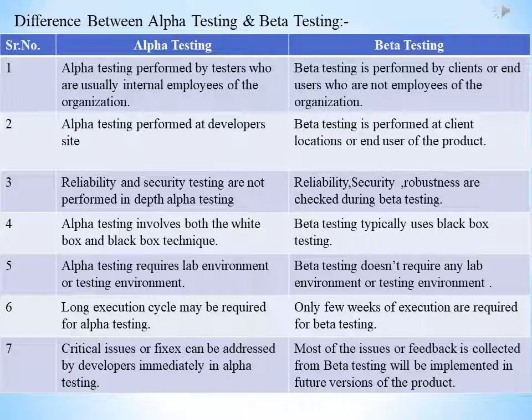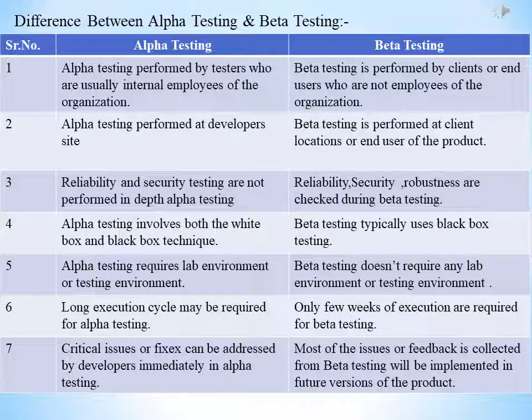the product. Number third, reliability and security testings are performed in depth in alpha testing. In the beta testing, reliability, security, robustness are checked. Number 4, alpha testing involves both the white and black box testing, and beta testing typically uses the black box testing.